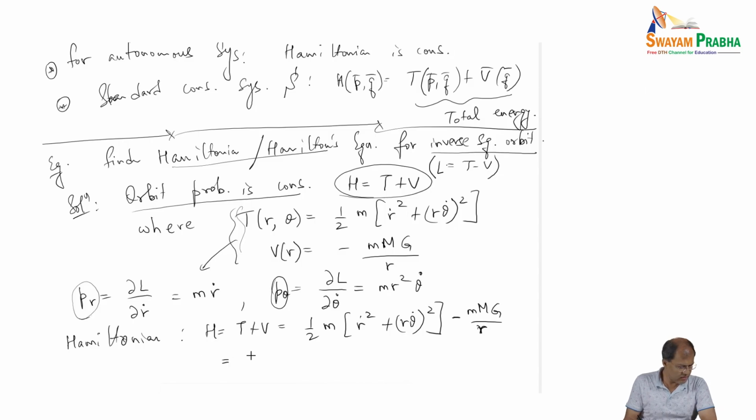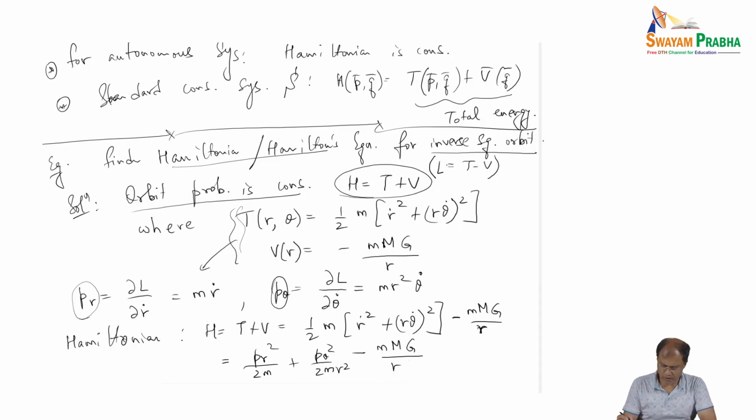And we see that this is going to be pr square by 2m plus p theta square by 2m r square minus m capital M g by r. Well, we only have an r.